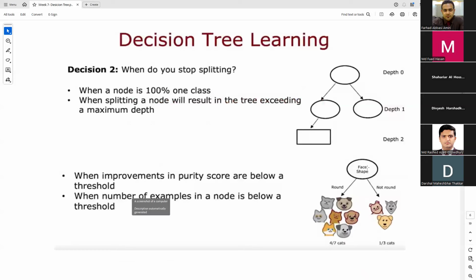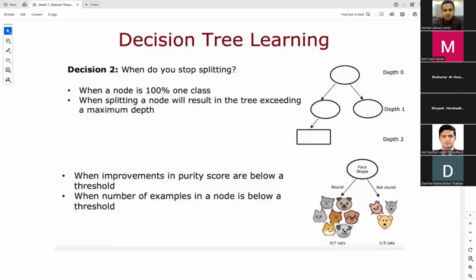The third one, when improvement in purity score is below a threshold. For example, after some depth, you get these two classes. The left class shows that from 7 animals, it predicts that 4 of them are cats. On the right branch, from 3 animals, just 1 of them is a cat, and the majority of them are dogs.